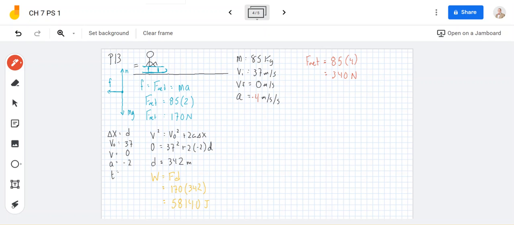The next thing it wants to know is what is the distance, the slide distance. Well, looking back at this equation here, if v squared is equal to v0 squared plus 2a delta x, 0 is equal to 37 squared plus 2 times -4 times the new d.